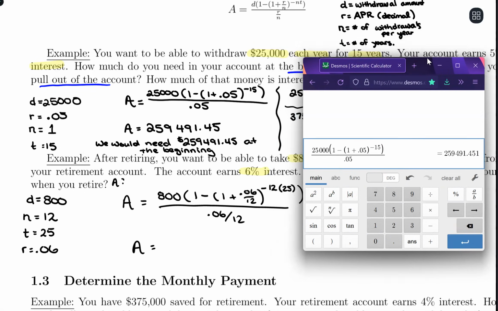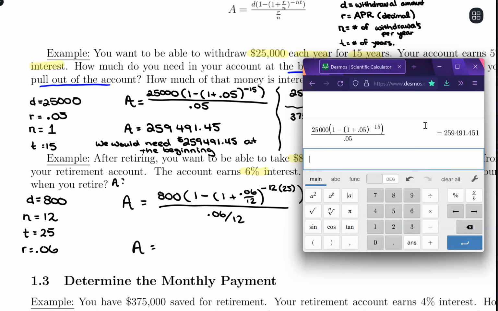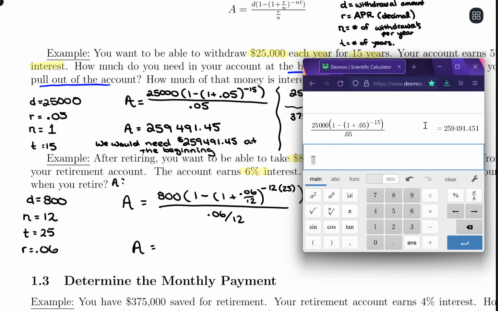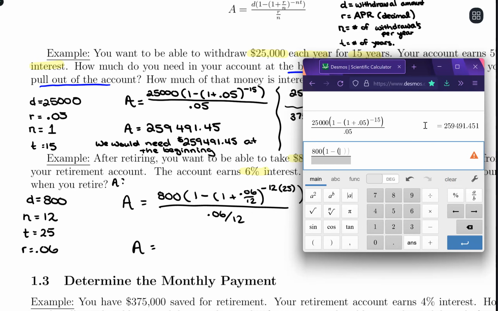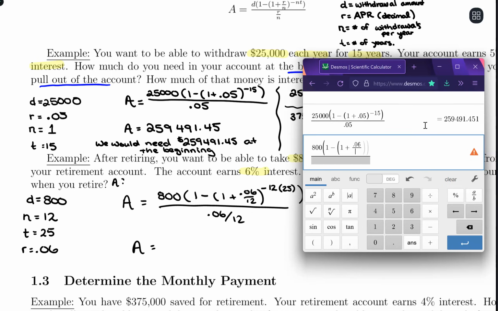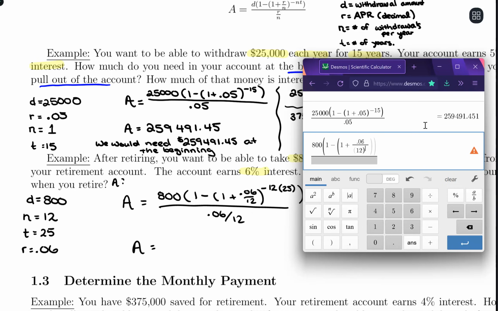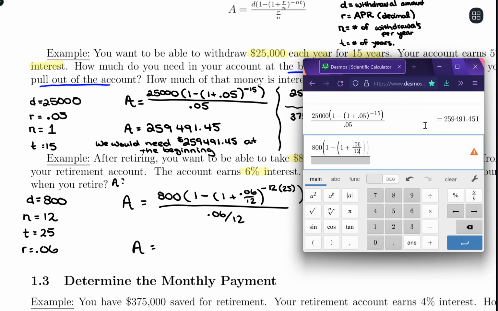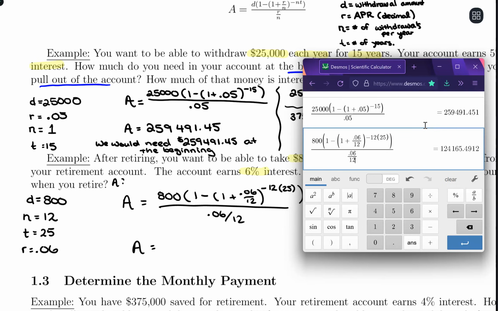Okay, so go ahead and start fresh here and just type all that in. 800. 1 minus 1 plus 0.06 over 12 to the, oops, sorry, mistyped there. Close parenthesis, exponent of negative 12 times 25, all over 0.06 over 12.